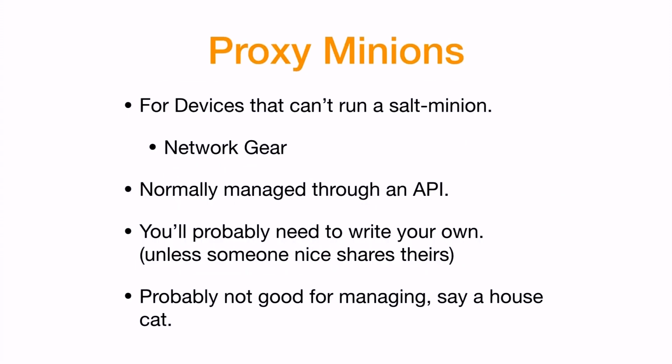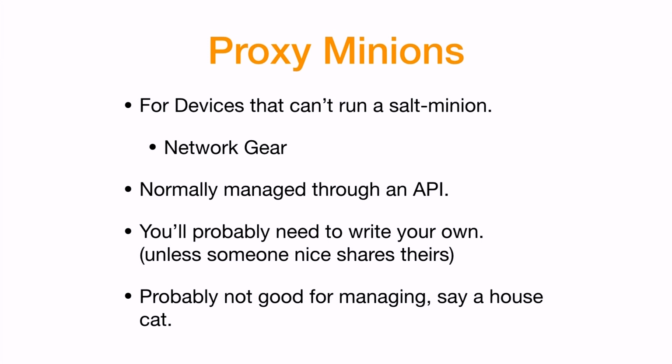Proxy-minions are made for devices that can't run a Salt minion or an agent. This is primarily used for network gear, so switches and stuff that you can't run an agent on, that are mainly controlled through an API. There's one downside. Unless it's popular network gear, you probably are going to have to write your proxy minion on your own.